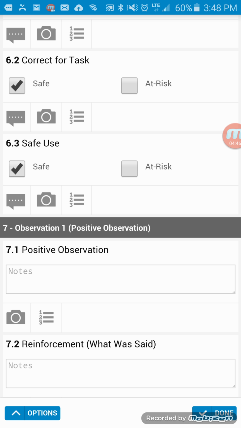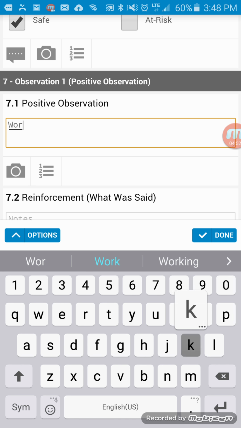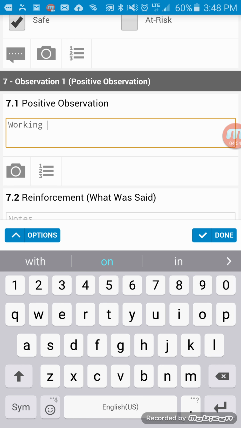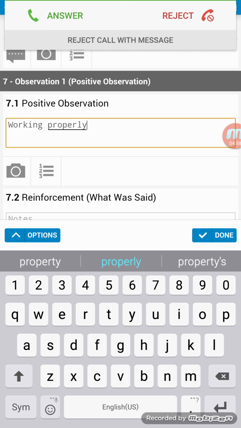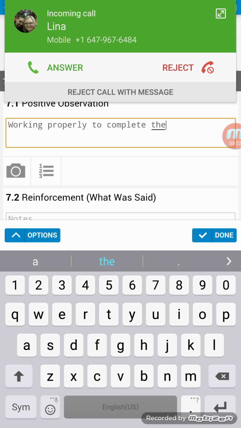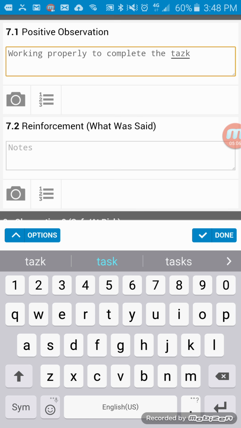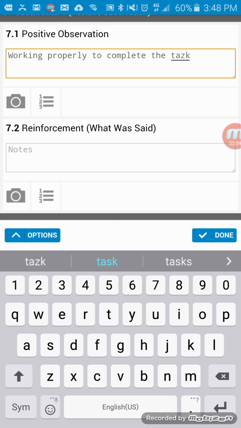So observation in terms of a positive observation. So we're looking for good things done. Working properly to the task. Reinforcement. Reinforcement was what was said.